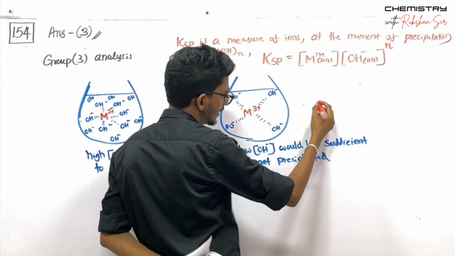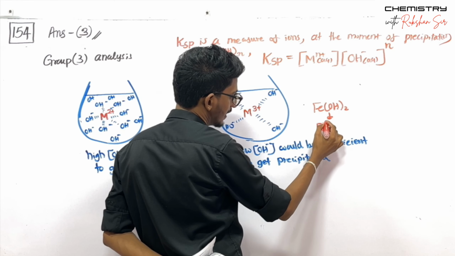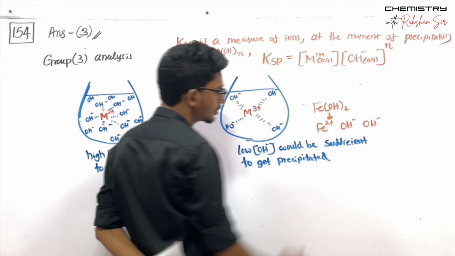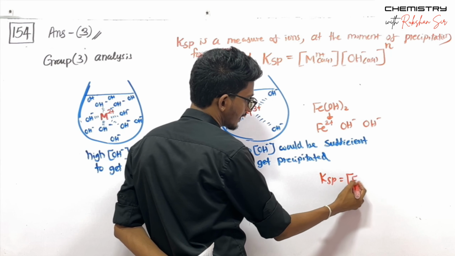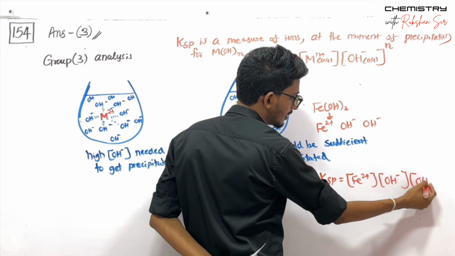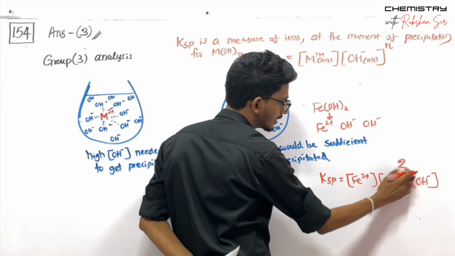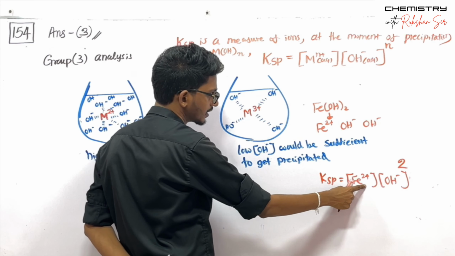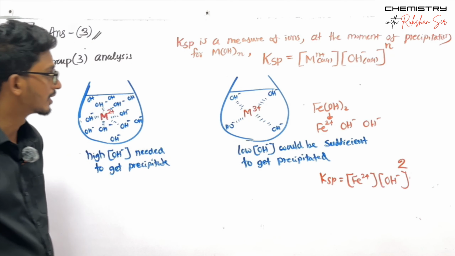If you are thinking of Fe(OH)2, it contains one Fe2 plus ion and two OH minus ions. That means KSP is Fe2 plus times OH minus times OH minus, which we write as OH minus squared. So FeOH2 gives KSP as Fe2 plus times OH minus squared. That's how the KSP comes.